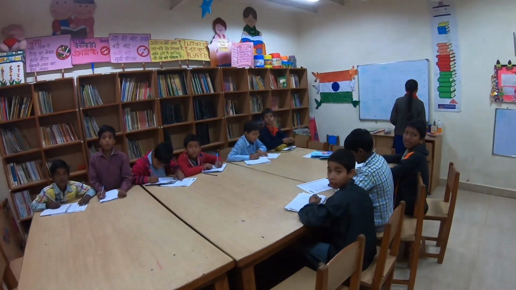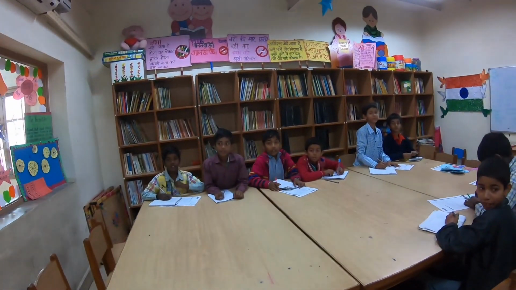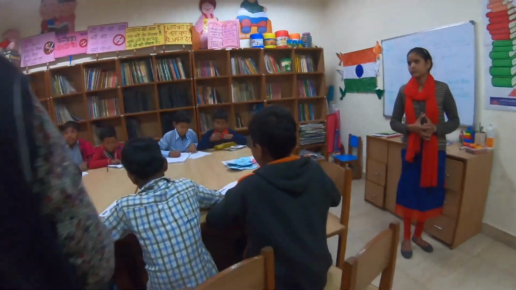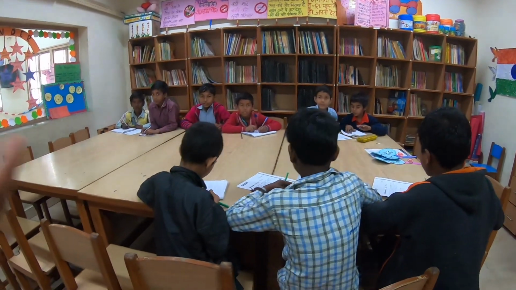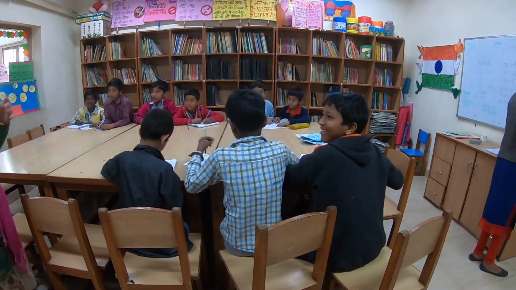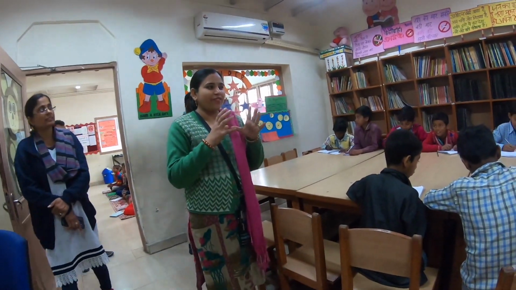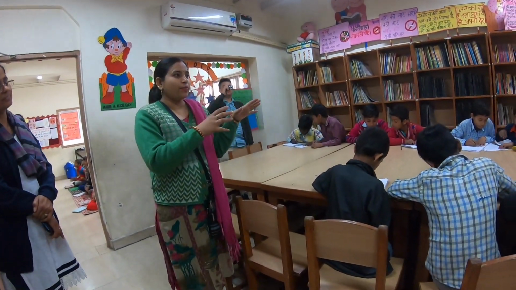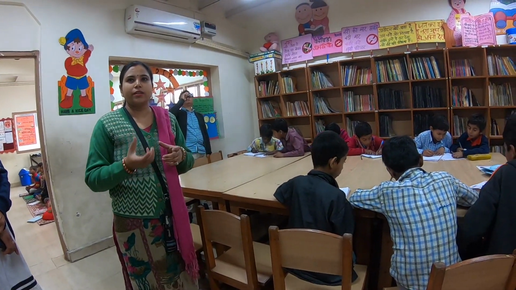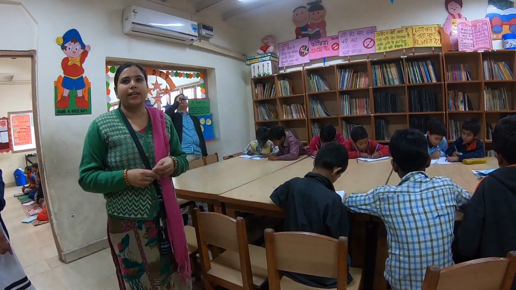She's a volunteer. This is another batch. I have told them the definition of articles and they have to fill the worksheet on which articles will be used in the sentences.